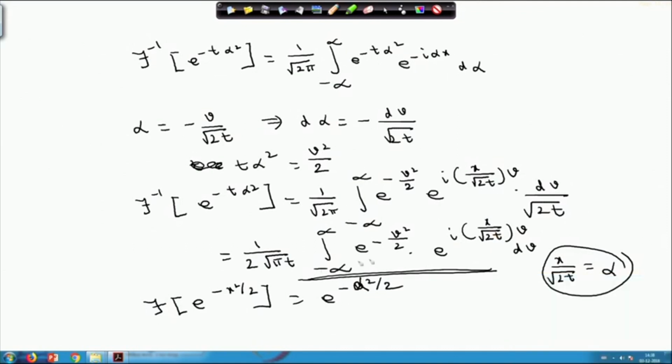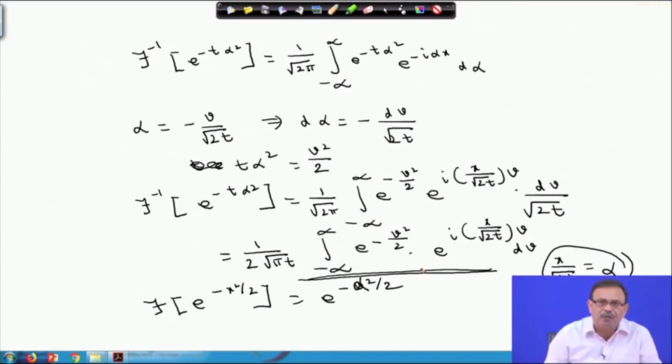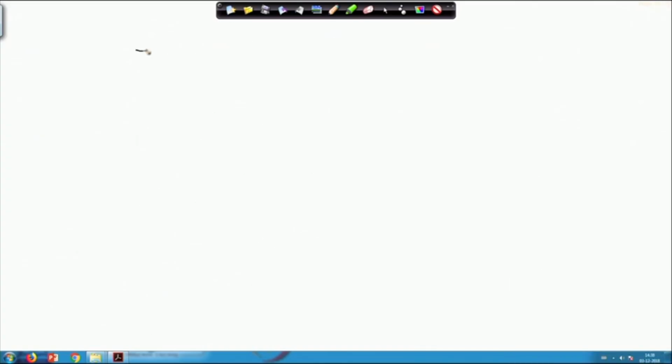So I think this particular portion is clear, that this last integral represents the Fourier transform of the function e power minus v square by 2 with kernel x by root 2t, and I know the Fourier transform of e power minus x square by 2 is e power minus alpha square by 2, since it is self reciprocal. So using this, now I can write down the Fourier inverse of e power minus t alpha square.